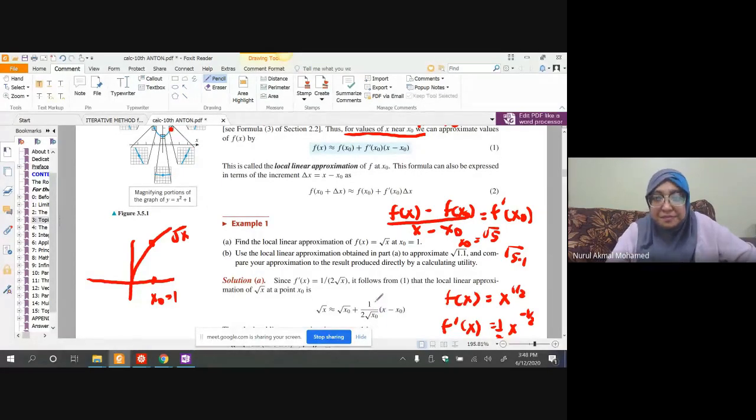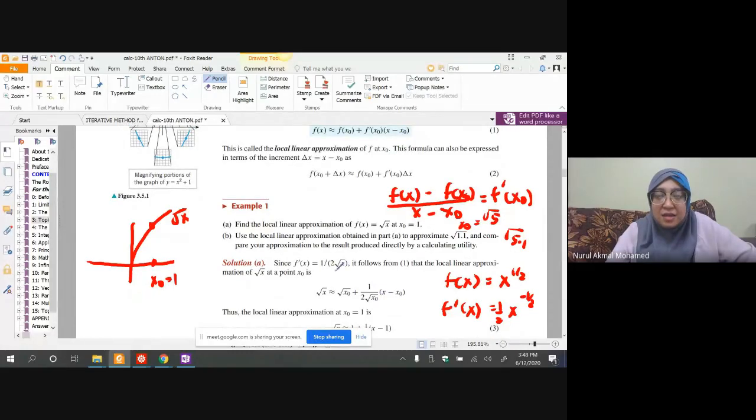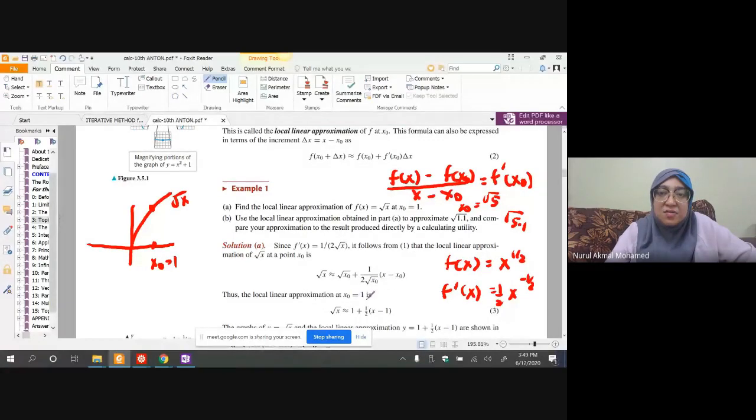And f of x naught is square root of x naught, multiplied by x minus x naught. Then your x naught is equal to 1.